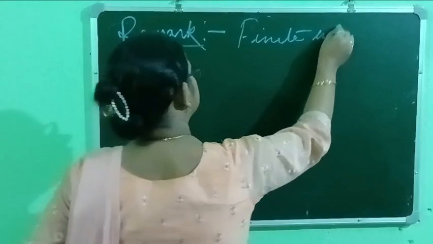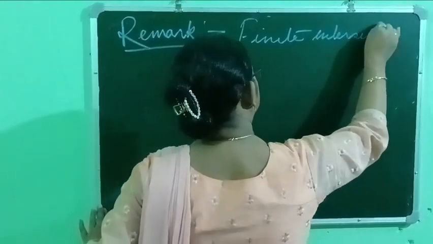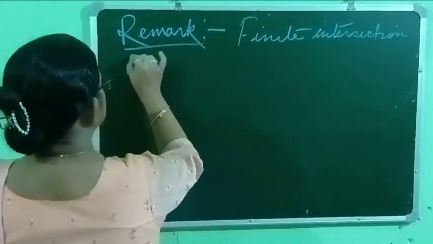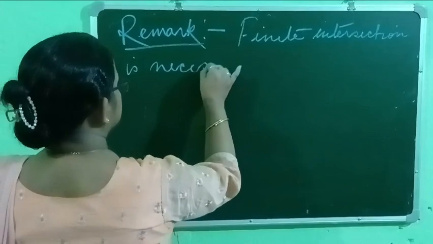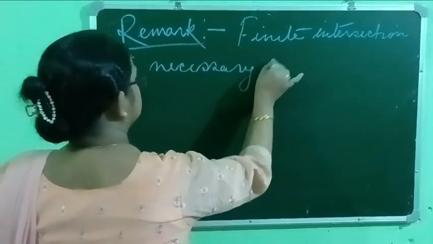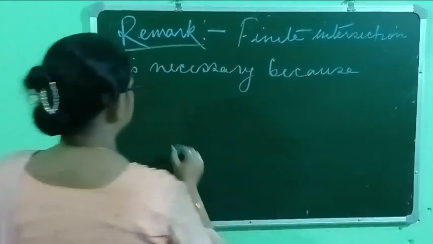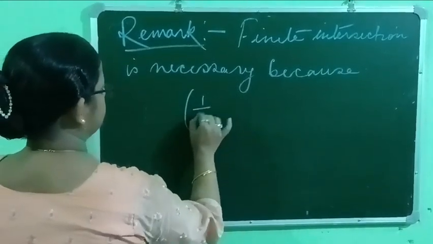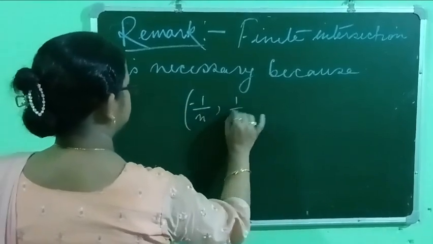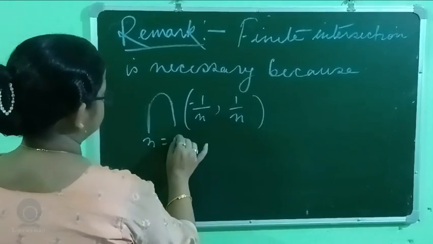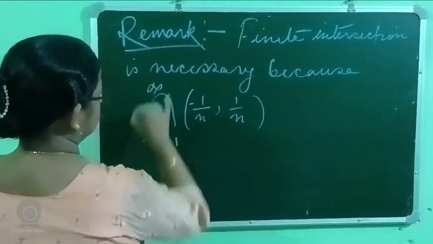Finite intersection is necessary because consider the intervals (minus 1 by n, 1 by n), arbitrary intersection of this for n from 1 to infinity.